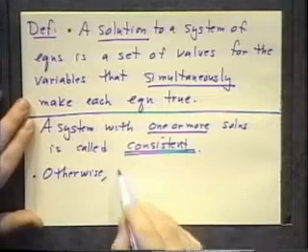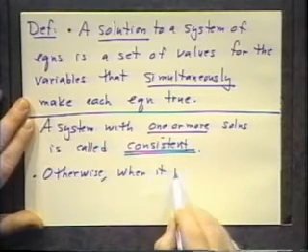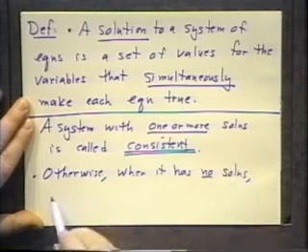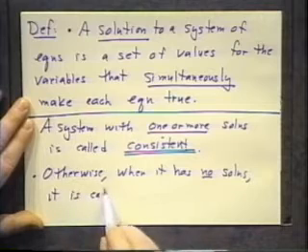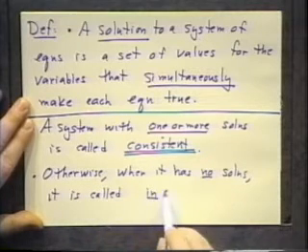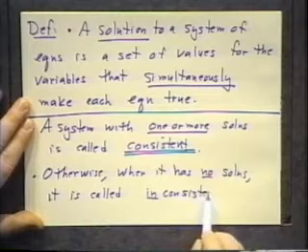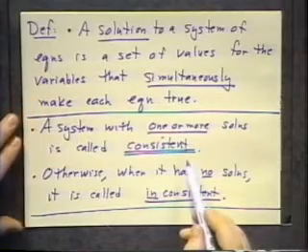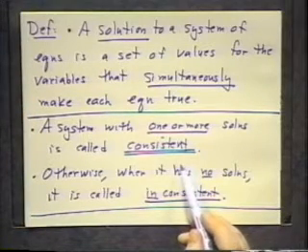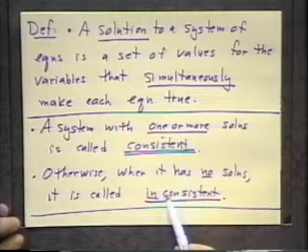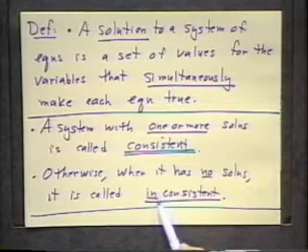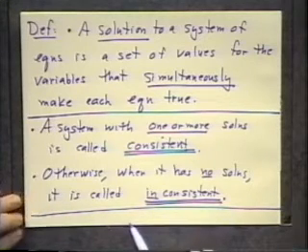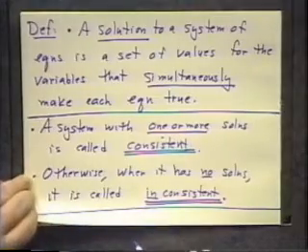Otherwise, when it has no solutions, it is called inconsistent. Inconsistent. So, the good case, as I said, is the consistent case, the case where there are some solutions to be found, one or more of them. Inconsistent is when there are no solutions. So, these will be the 2 words that we use as we work throughout. So get used to them, and I'll use them as often as I can so that they'll seem natural.